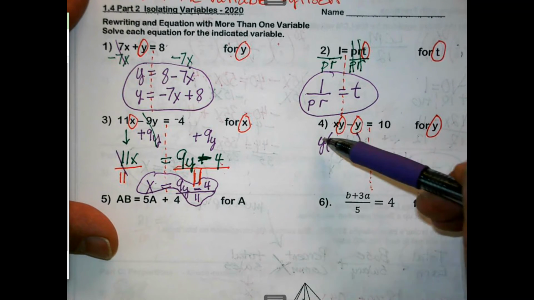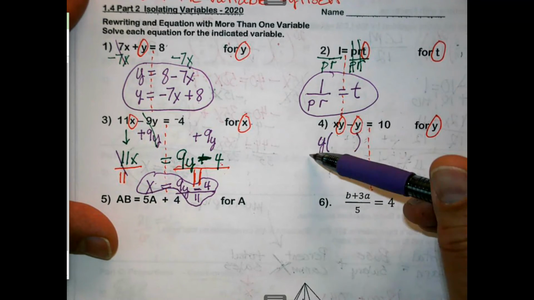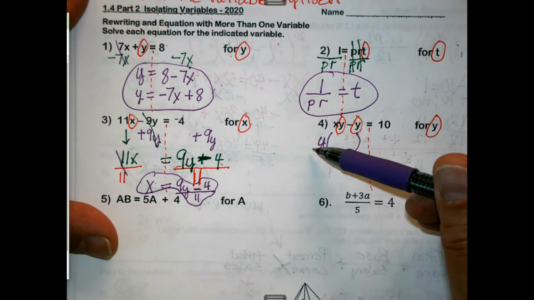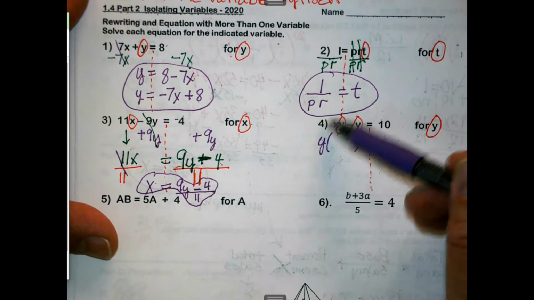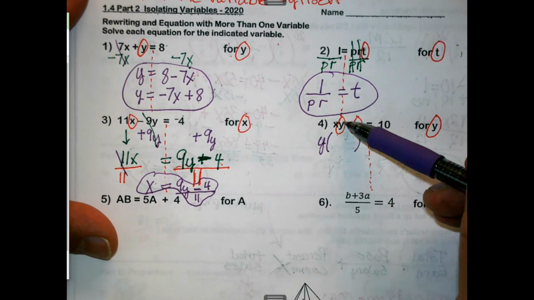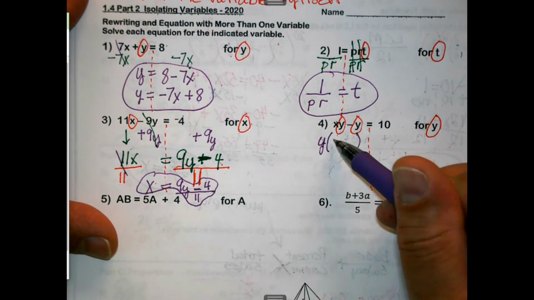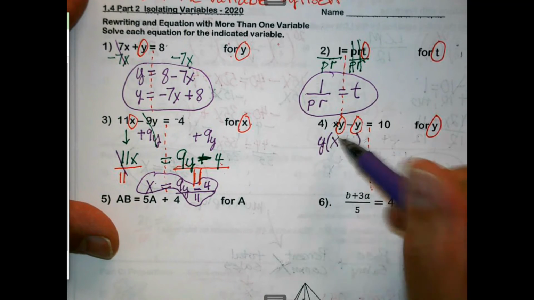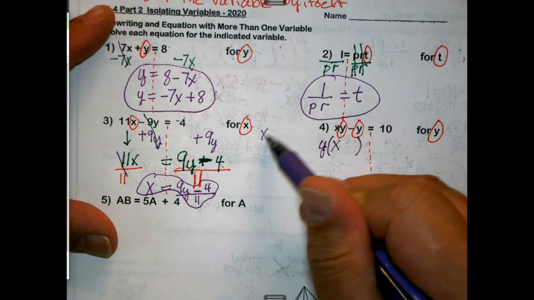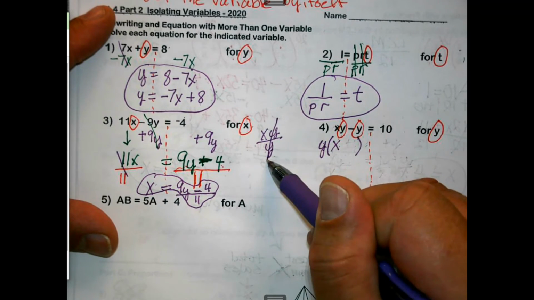Instead of multiplying over the parentheses, what if I divide out a y? That's what this y is here. So if I take xy, divide out a y, what am I left with? In other words, I'm taking that xy and I'm dividing it by y. What am I left with?